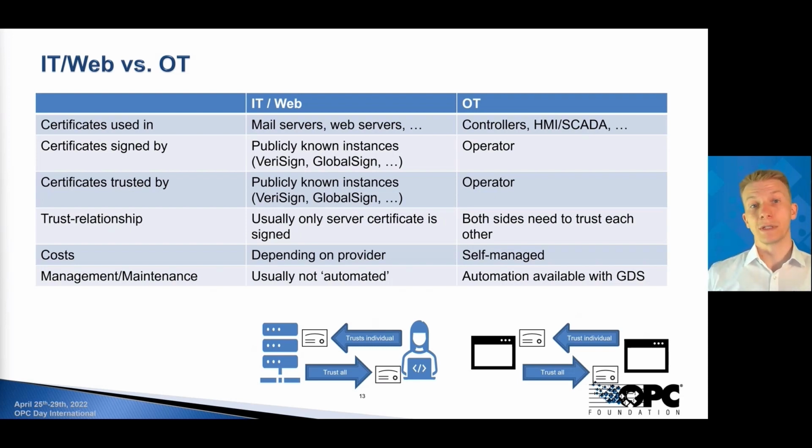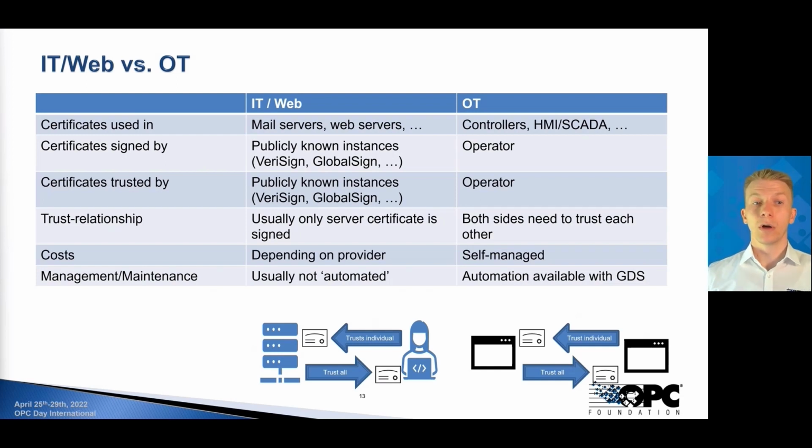The other main difference here is that because of the requirement in IT that all those different browsers can have access to those certificate authorities and issuers, they need to be maintained by those companies, which also involves costs. Now on the OT side, the end user, the operator, is the one controlling the certificate management. So it's also the company that is controlling the CAs.